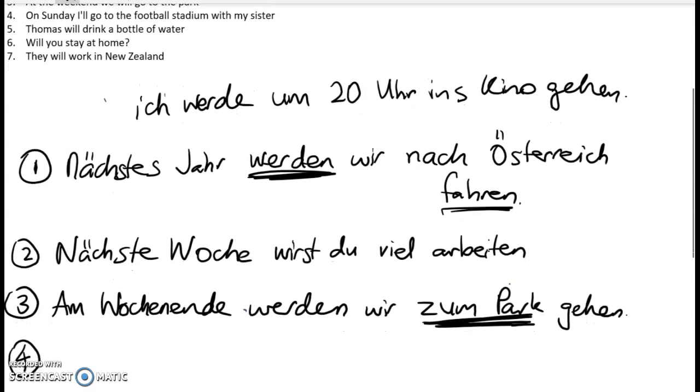Number 4, on Sunday, I'll go to the football stadium with my sister. So here, we're going to do the with my sister before I do the place. And this is the time word, right? So we'll put the time thing at the front, get it out of the way.